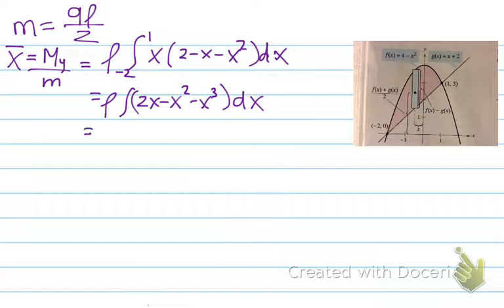And if we integrate that, we get rho times, well, actually not the integral, it would be parenthesis, 2x squared over 2, which is just x squared, minus x cubed over 3, minus x to the 4th over 4, from negative 2 to 1. And when you simplify that, you get negative 9/4.